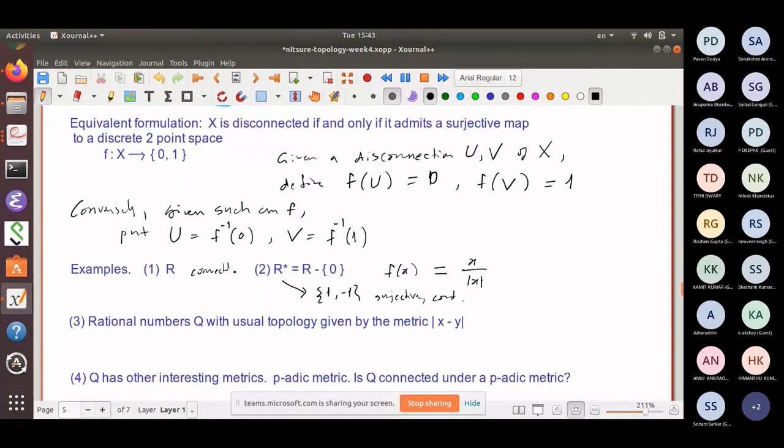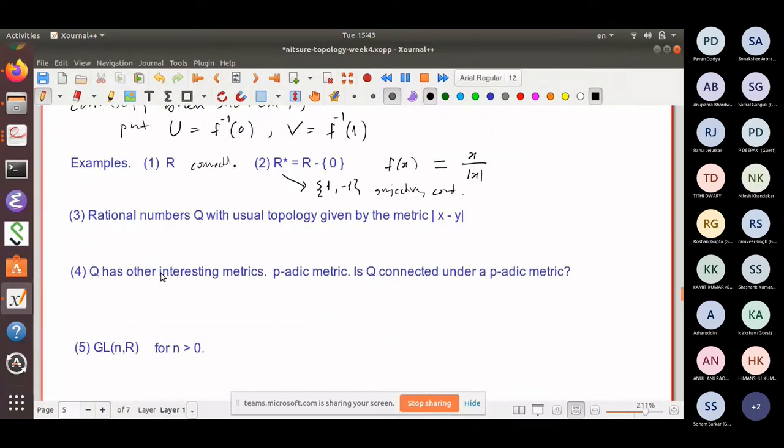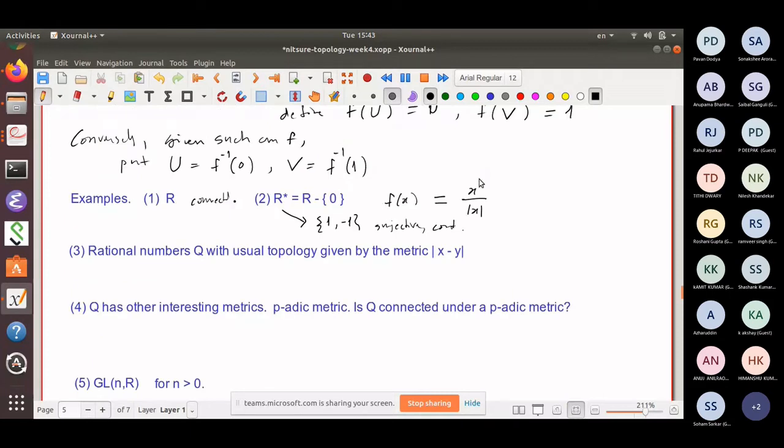Why? Because mod x is continuous. So 1 upon mod x is continuous because the map from R to R sending x to 1 upon x is continuous when you are on the subset R star. And then this is the product, so that is continuous. So you use all the previous things.